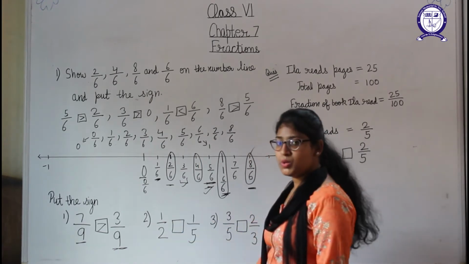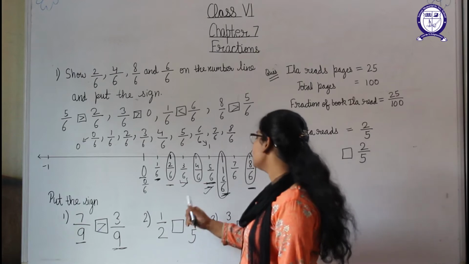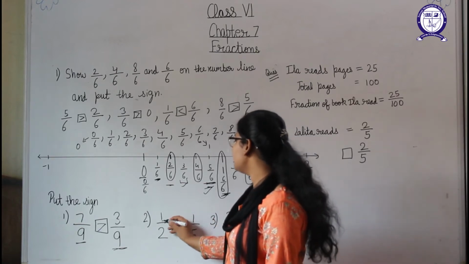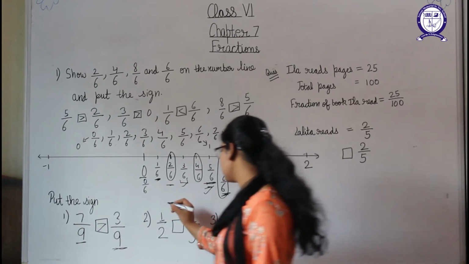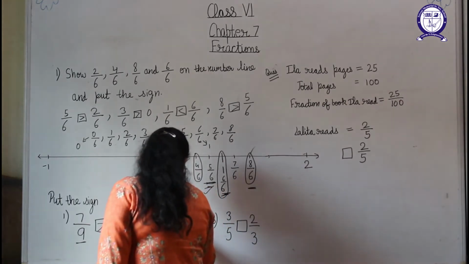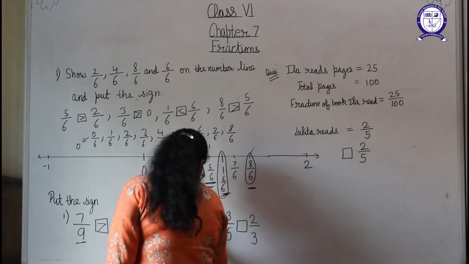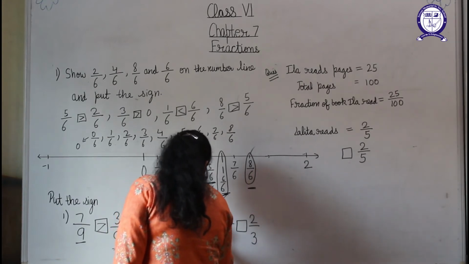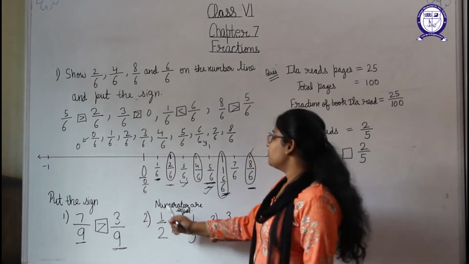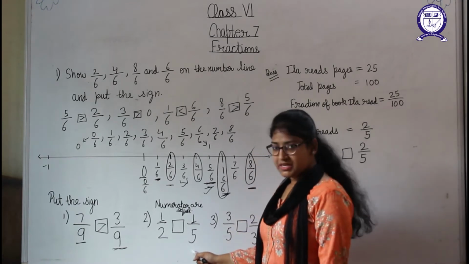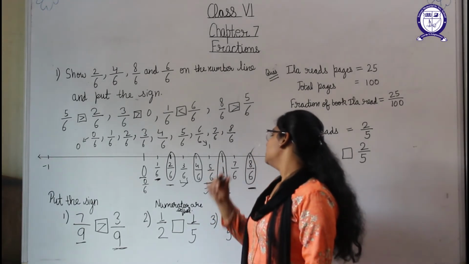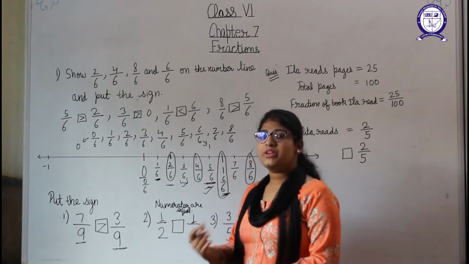We have to compare between 1 by 2 and 1 by 5. Here if we see 1 and 1, it means numerators are equal. I am writing numerators are equal. So in this case what we do, we compare according to the denominators, but the result will be reversed.